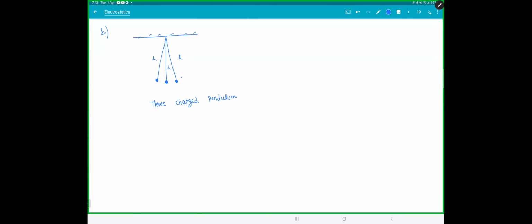All have same charge plus Q and mass M. Now if you bring them closer, what will happen? They will repel each other, and they form a shape like this, a tetrahedron. So they repelled each other and they formed a tetrahedron.